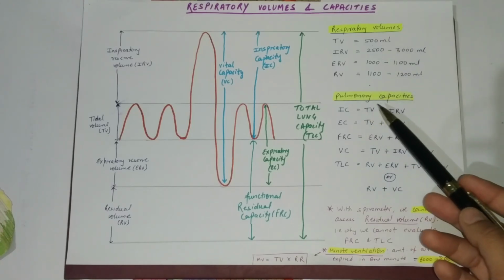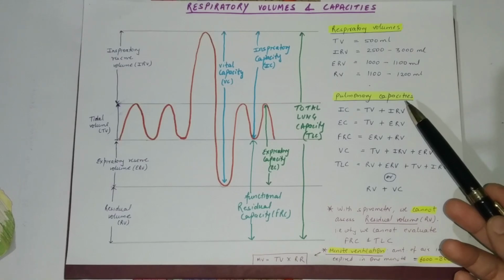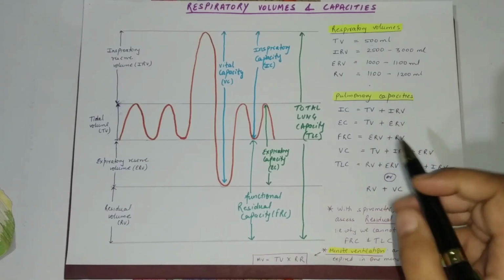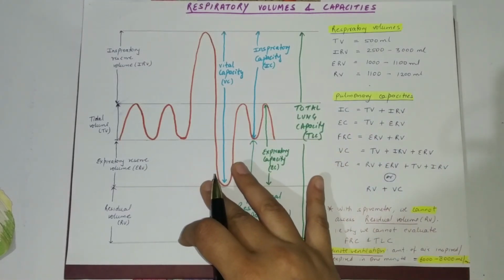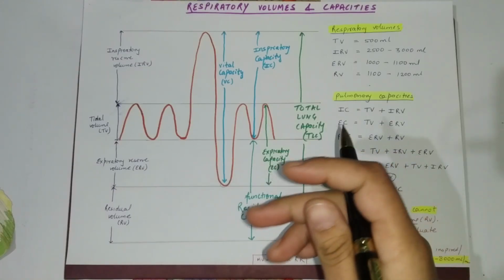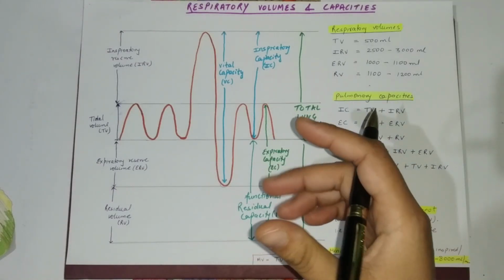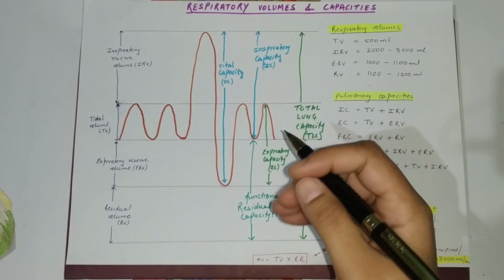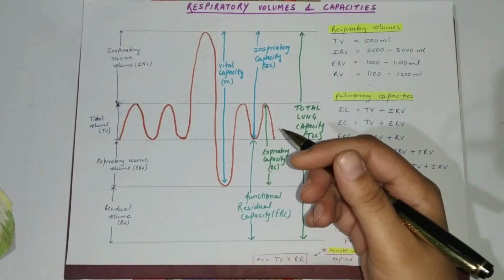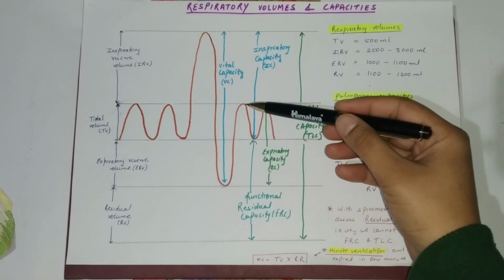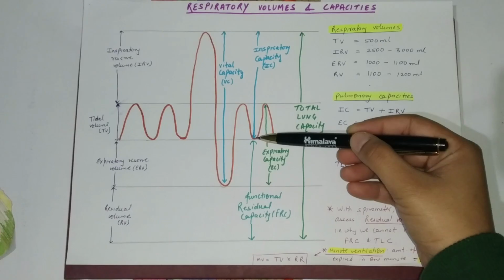Now we'll move to the capacities. So capacities are formed by adding a few of these respiratory volumes. First of all, we'll begin with the inspiratory capacity. It is the total volume of air a person can inspire after a normal expiration. After a normal expiration, the lung volume is this much.